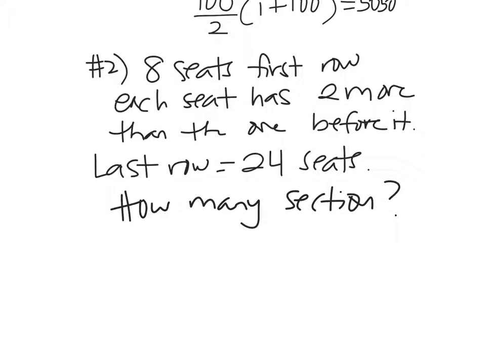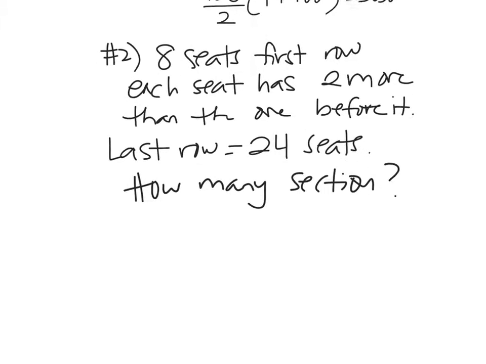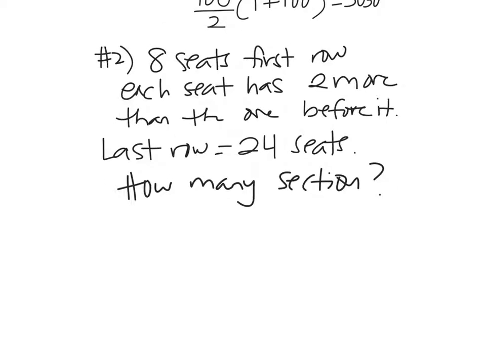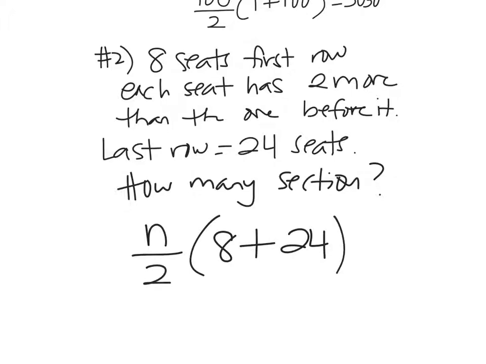Sometimes they won't give you the number of rows. Sometimes they won't tell you what the last row is. They give you certain pieces, and you can find the other ones that you need. But we're going to need n over 2. The first row has 8 and the last row has 24, so we need to figure out how many rows there are.